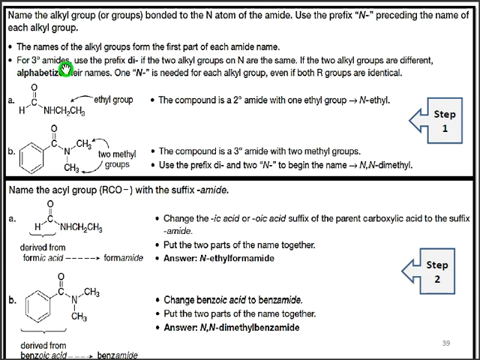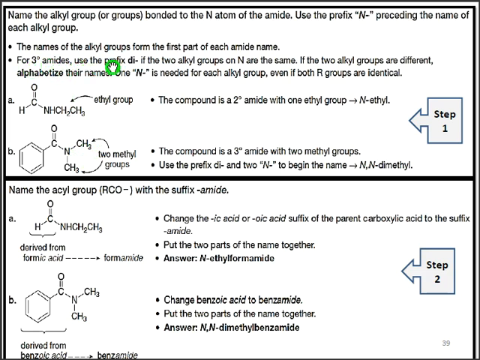For the tertiary amide, if the alkyl groups are identical, the same alkyl group, we will use di. But if the alkyl groups here are not identical, we will use N italic hyphen for each one, and we will write them alphabetically.